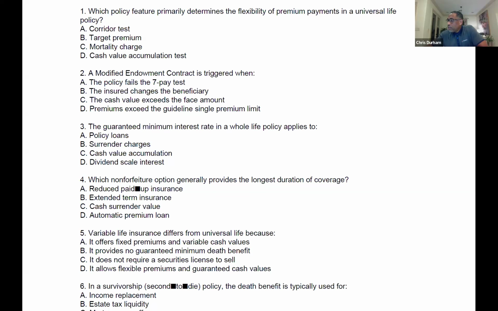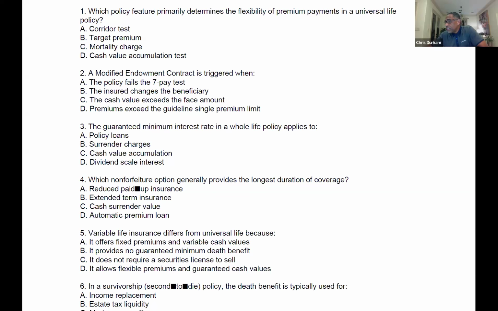All you got to remember is this is just 100% word association. You ain't even got to know what the 7 pay test is, but anytime you see modified endowment contract or MEC contract, the answer is 7 pay test. You ain't even got to think about it. I could explain what it means, but I don't think it's gonna help you.